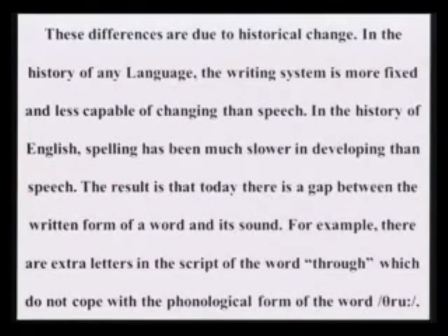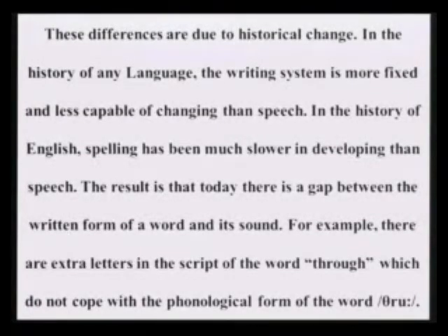The differences are due to historical change. In the history of any language, the writing system is more fixed and less capable of changing than speech. In the history of English, spelling has been much slower in developing than speech. The result is that today there is a gap between the written form of a word and its sound.